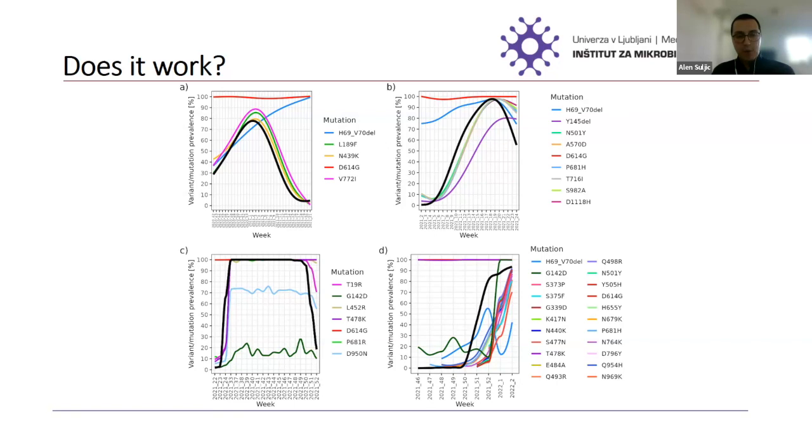And colored lines represent the surveilled mutations obtained by SpikeScreen. In panel A, we can see that the colored lines almost perfectly follow the population variant prevalence, with the exception, of course, of the D614G mutation, which was present in the earlier lineages and is basically consistent throughout the entire time course.